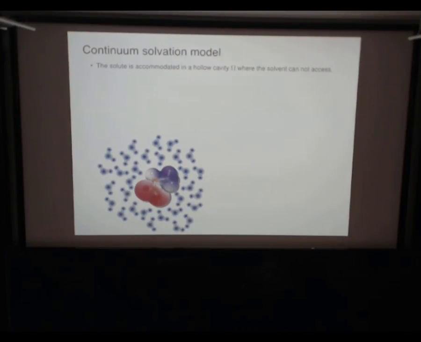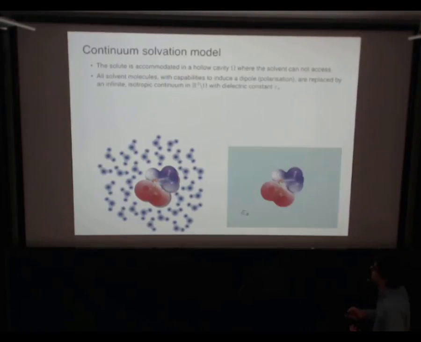Typically in a continuum solvation model, you say the solute is embedded in a hollow cavity omega, and the set of all solvent molecules is represented by a macroscopic average, a continuum medium with some dielectric constant epsilon s that is the macroscopic model of the bulk water molecules here.